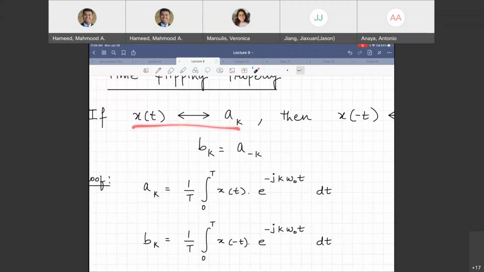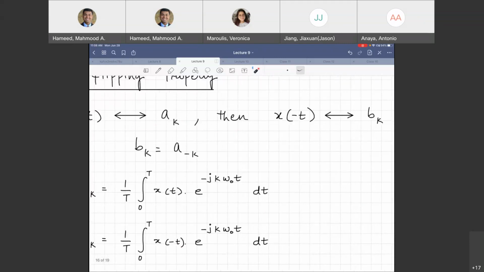If x of t has the Fourier series coefficients a sub k, then the Fourier series coefficients of a time-flipped version of x of t, defined as b sub k, is simply a sub minus k. What are we doing here? We are taking the Fourier series coefficients a_k and flipping them about the vertical axis. So a1 becomes b minus 1, a2 becomes b minus 2, b minus 2 becomes a2. You're just flipping it, right?